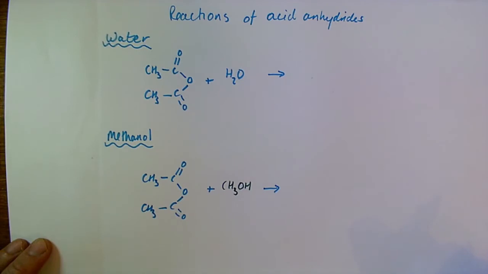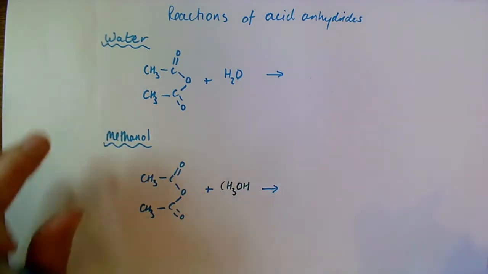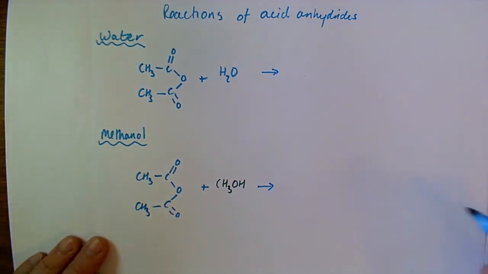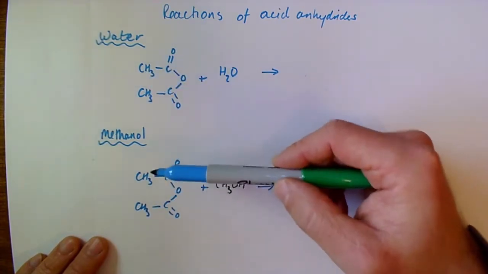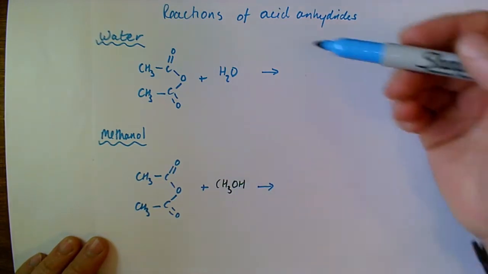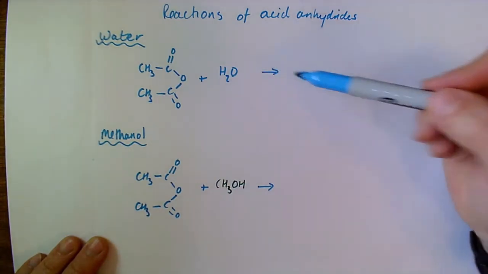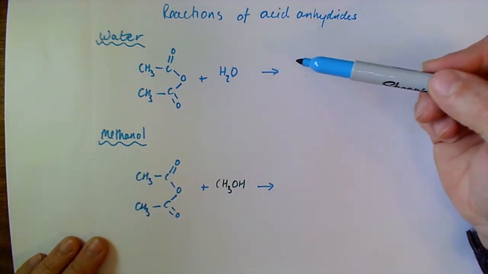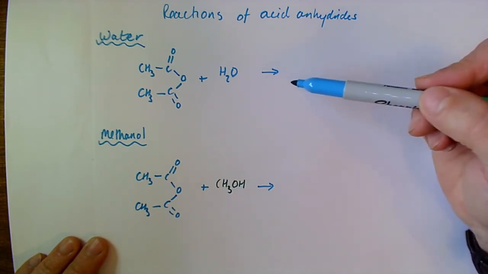So now let's look at some reactions. So the first two we're going to look at is water and methanol. So we can see I've got over here ethanoic anhydride. I've got 2 carbons on each leg, so it must have come from ethanoic acid. So it's ethanoic anhydride, reacting it with water. So this is almost like the reverse reaction that we looked at on the previous page, when we were forming the anhydrides.